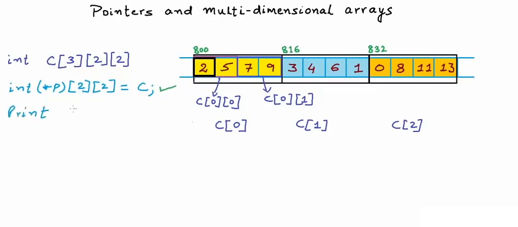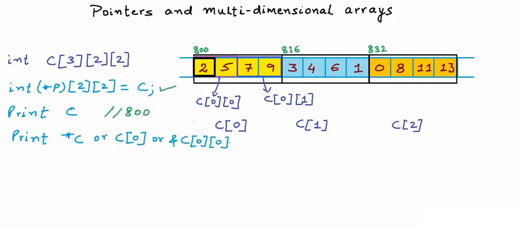If I would just print P or C here, and I'm not writing the complete printf statement once again, my output will be 800. Now if I will perform a dereferencing and try to print asterisk C, then this will be same as C0, and C0 is a 2-dimensional array, so we will get a pointer to the first element in C0.